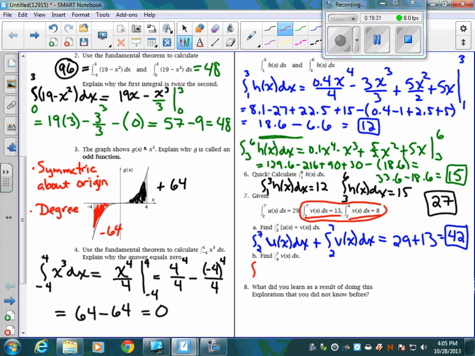So if I take the big area, which starts at 2 and goes to 7, and I subtract out the area that I don't want, the area from 2 to 4, I want the area only from 4 to 7. If I subtract those two, I should get the area from 4 to 7, which is 5.